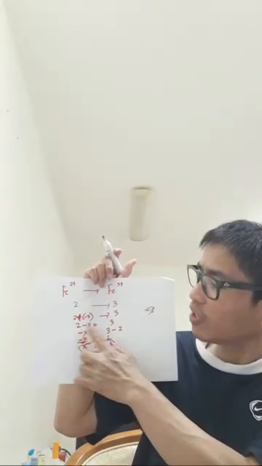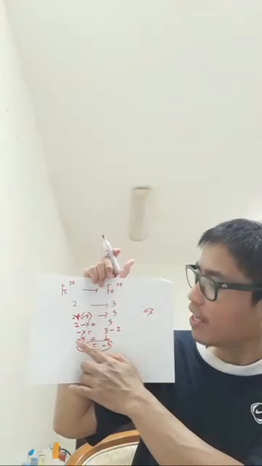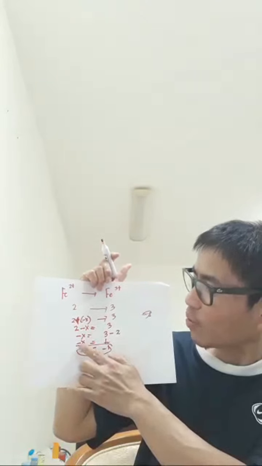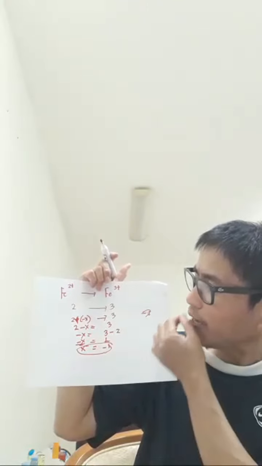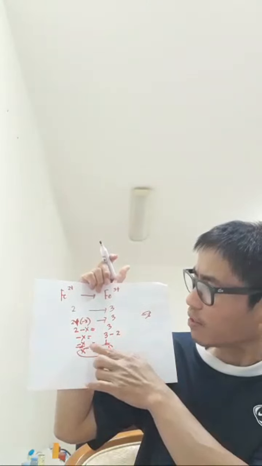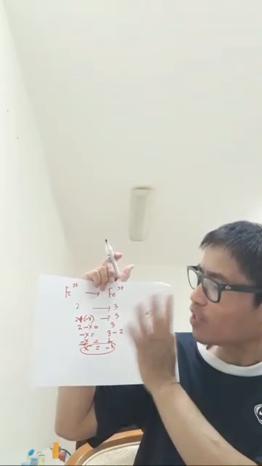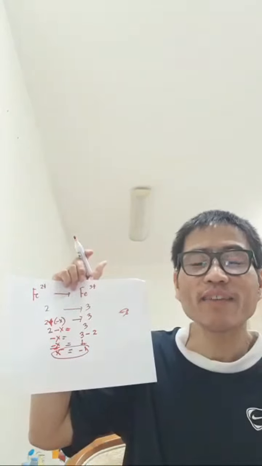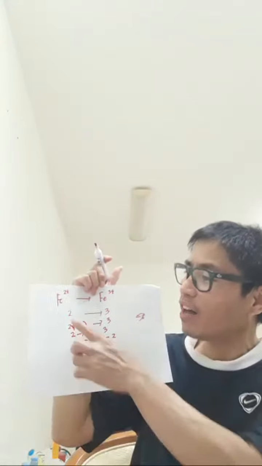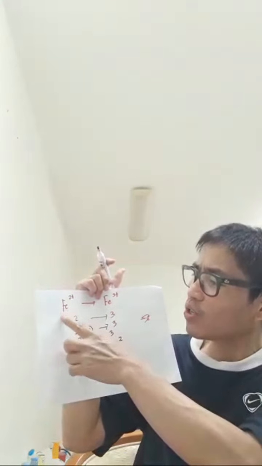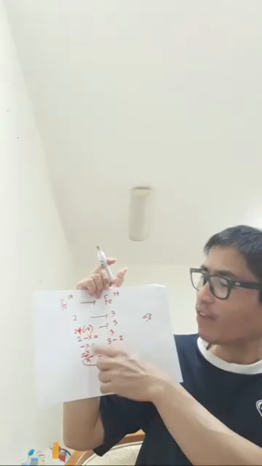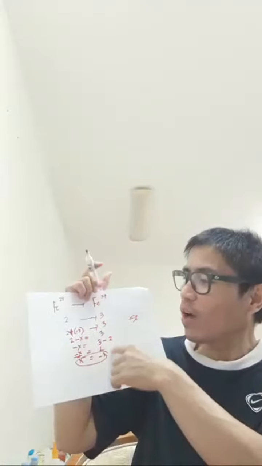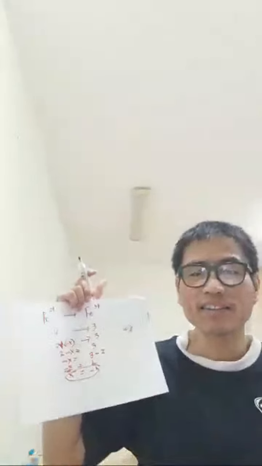So 2 minus x is equal to 3, so negative x is equal to 3 minus 2. So x is equal to 1. Divide both sides by the negative sign, so x is equal to negative 1. So negative 1 electron only will be added to the ferrous. It will never equal 3, because 2 minus 1 is equal to 1.